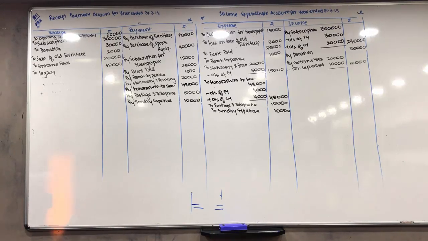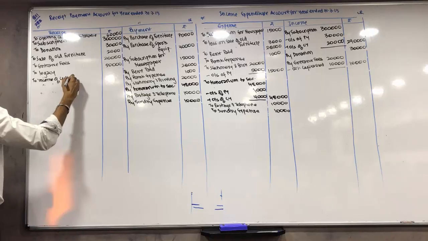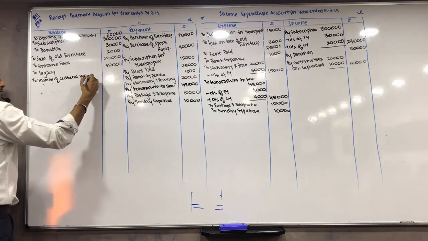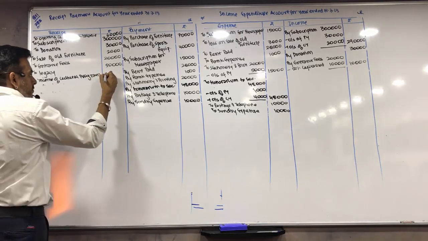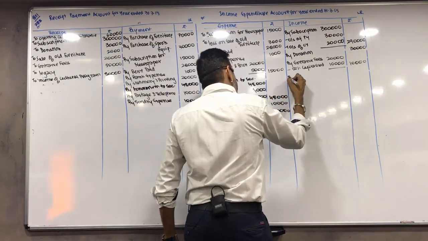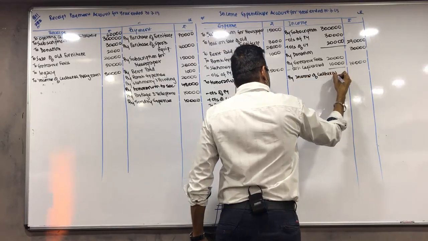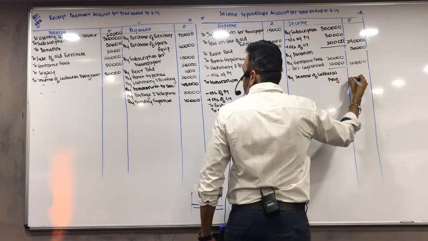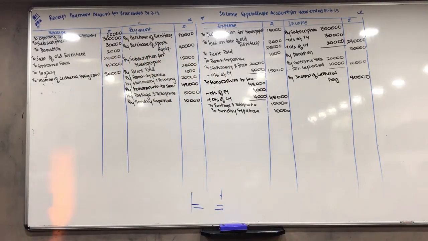Income of cultural program, it's our receipt also and it is our income also. To income of cultural program 80,000, by income of cultural program 80,000.